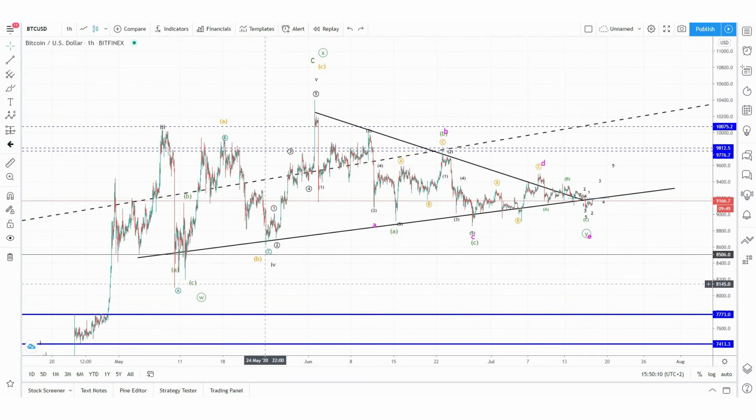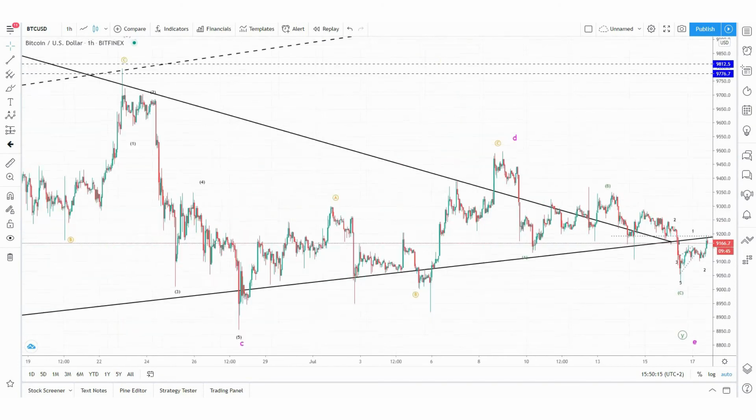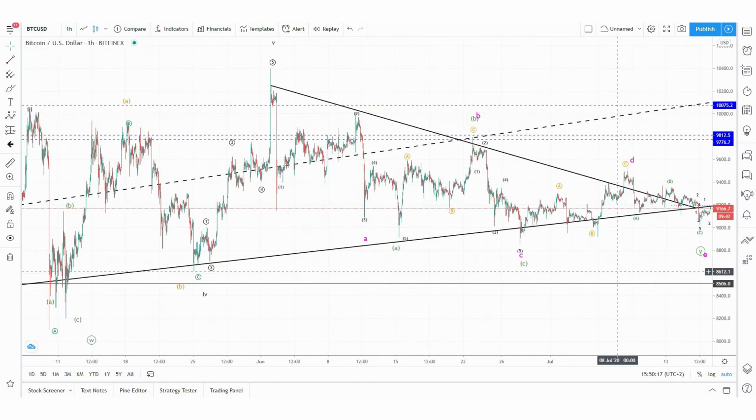So in either way, we are struggling to evaluate where the price of Bitcoin is going next.